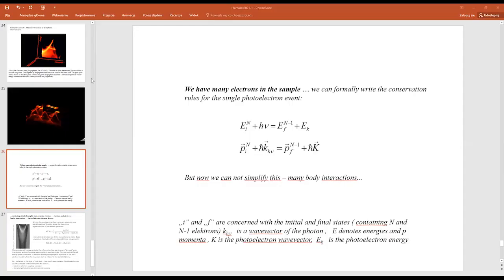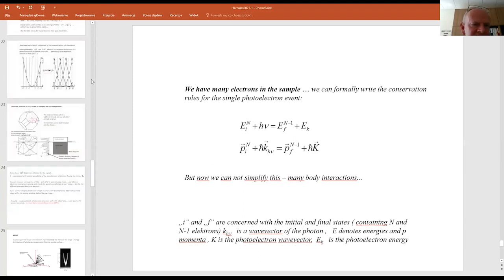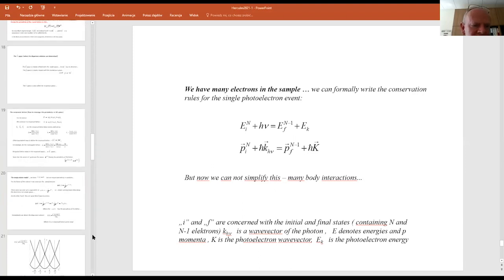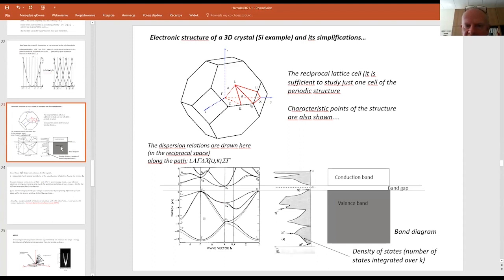Okay. Let me share my screen again. I guess the answer to your question is exactly here. If you have a polycrystal, you have different orientations of small crystals in your sample, all possible orientations. That gives you averaging, and averaging is just something which you integrate and divide by something.